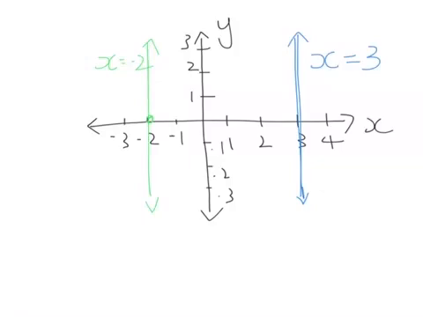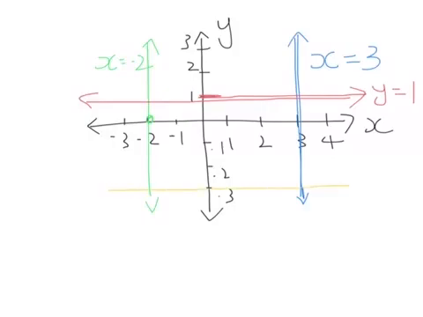If I go the other way, say if I had a line across there, that goes through the y-axis at 1, so its equation is y equals 1. And if I had a line down here, it cuts the y-axis at -3, so its equation is y equals -3.